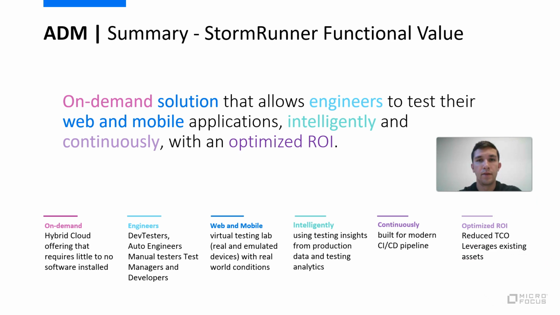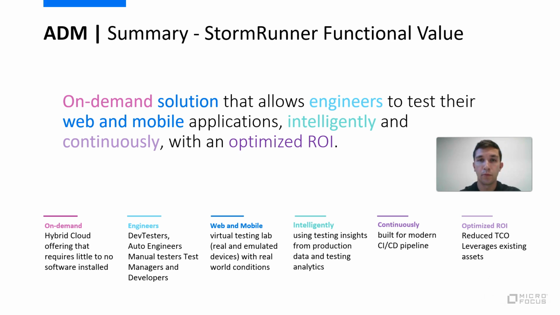So to wrap it up, the value of StormRunner Functional is, it's an on-demand solution that will allow engineers to test their web and mobile applications intelligently and continuously with an optimized ROI. And we do that by making it easy for you to access, especially if your teams are spread out, with nothing to install.